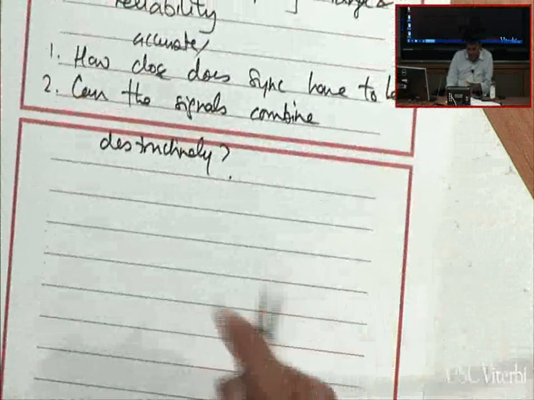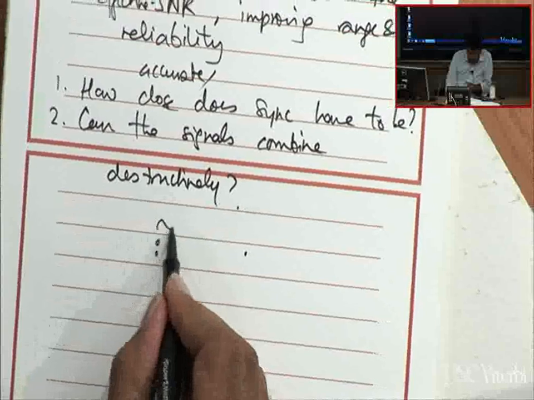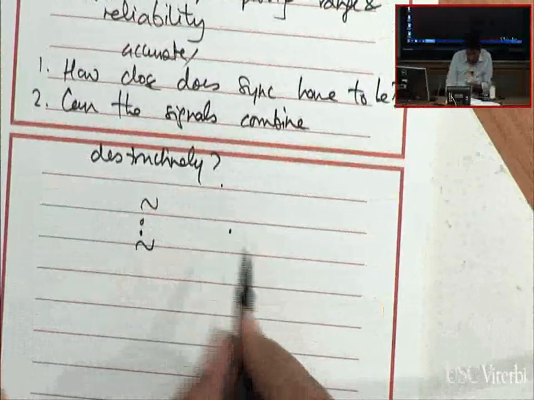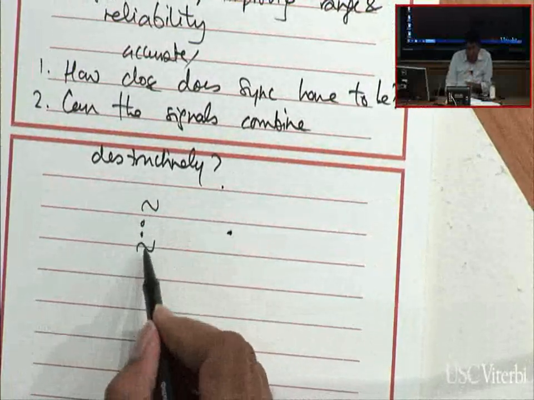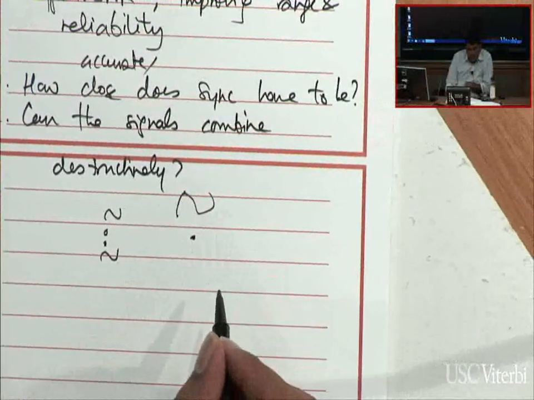So one is, let's say we had two sources and we had a destination, and they're sending their signals. Let's just indicate them by a sinusoid. And if the two sinusoids are lined up together, you would get a louder sinusoid at the receiver, right?